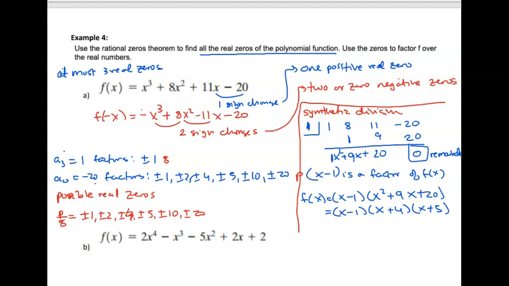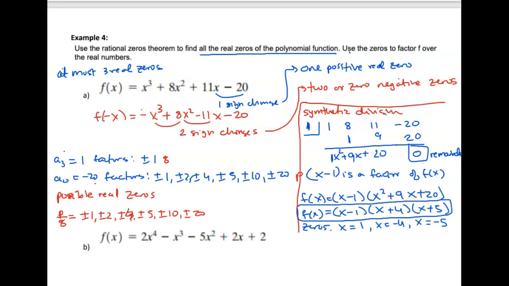That becomes easier. All right, so my zeros are x equals 1, x equals negative 4, and x equals negative 5. All right, so notice that I have 1 positive real zero and 2 negative real zeros. Right? And this is the function in factored form.